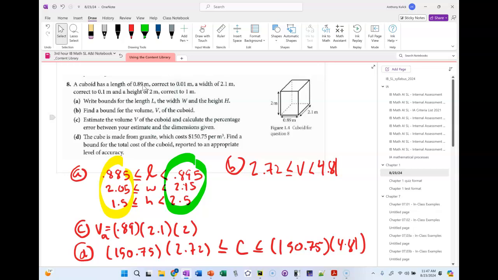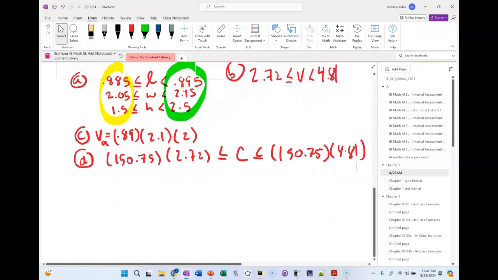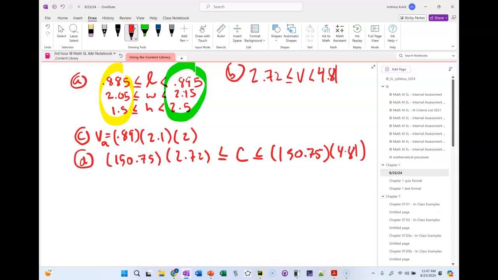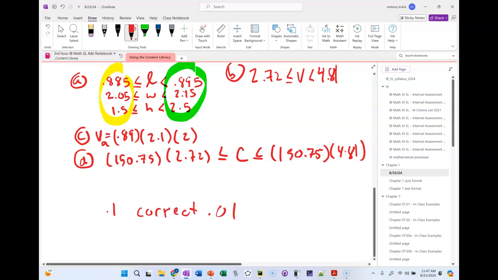Let's say the middle term is 0.1 and it's the tenths place. So the left side would be 0.05, and then it would just be 0.15, or no, 1.5. Yep, exactly right.